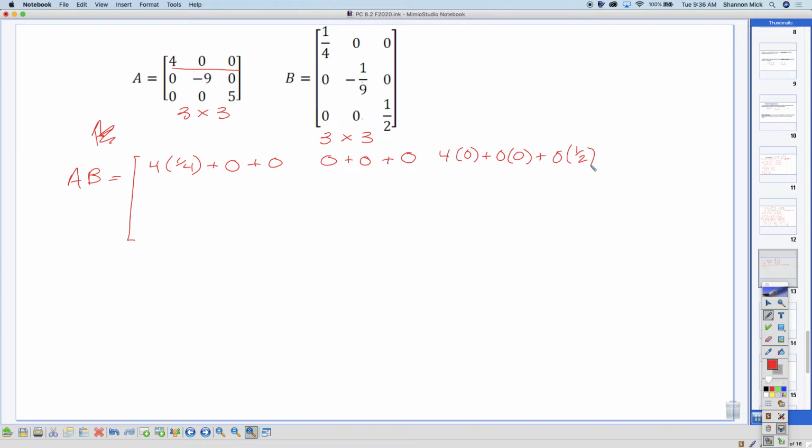Now I move to the second row. So the second row is going to be 0 times the fourth plus -9 times 0 plus 0 times 0. And I'm going to have 0 times 0 plus the -9 again, times -1/9, plus 0 times 0.